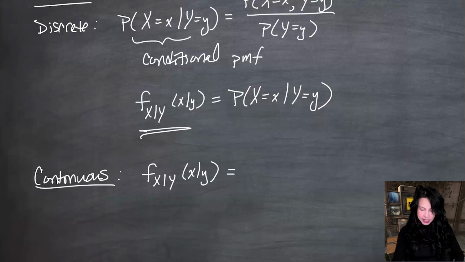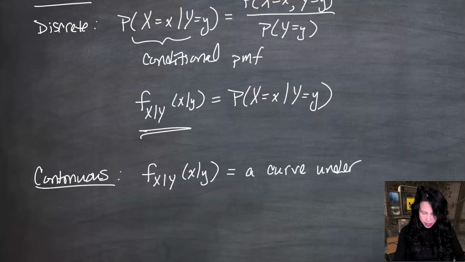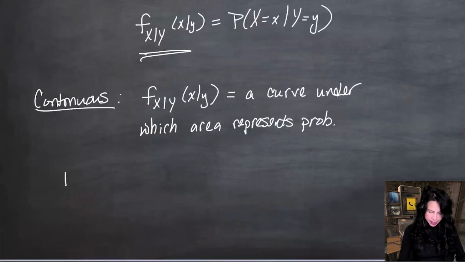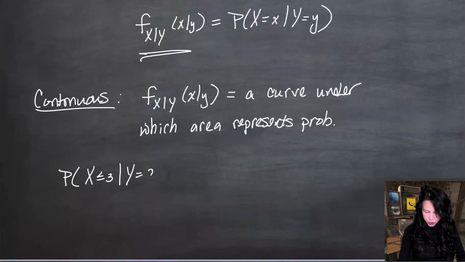This is, if these are one-dimensional, a curve under which area represents probability. So if you want to find the probability that X is less than or equal to 3, given Y equals 2.1, I do have something to say about this.